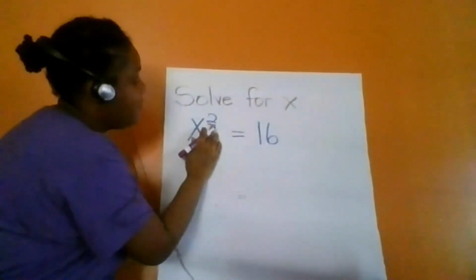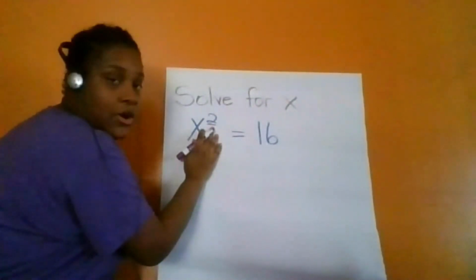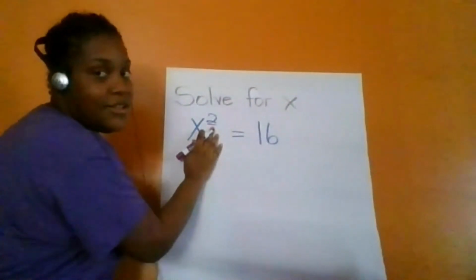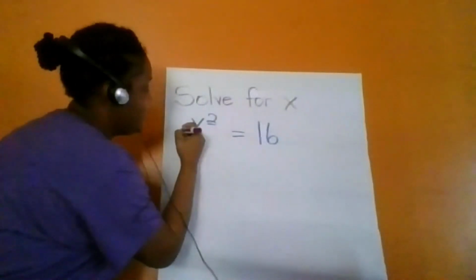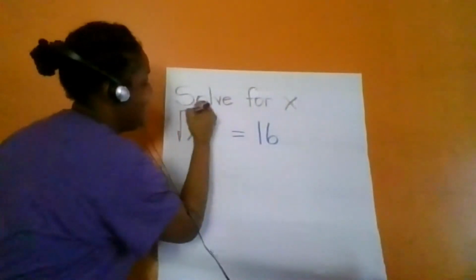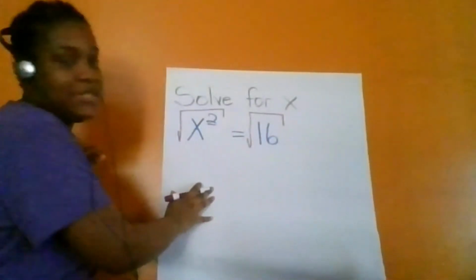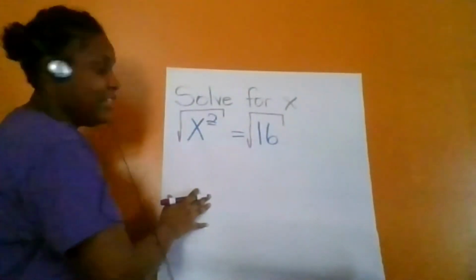We have to do the opposite, or the inverse, of square, which is the square root. Very good. So we're doing the square root on both sides of the equation.